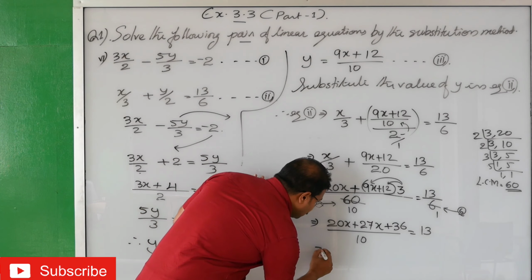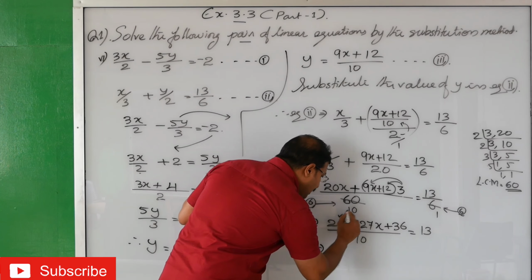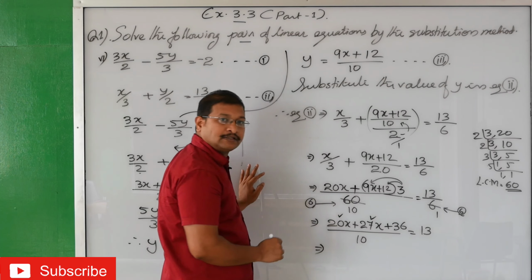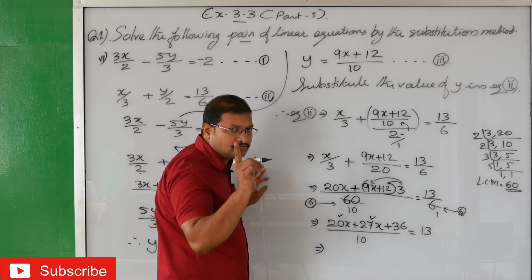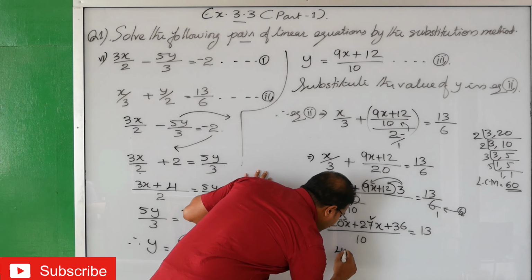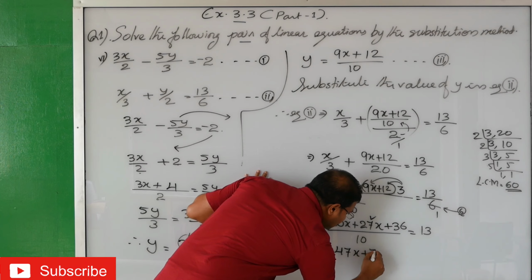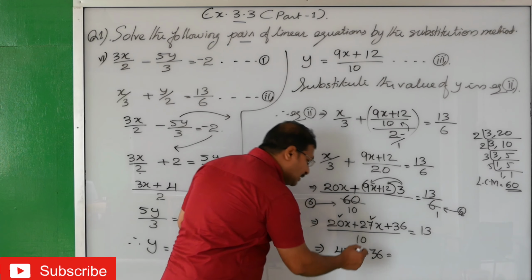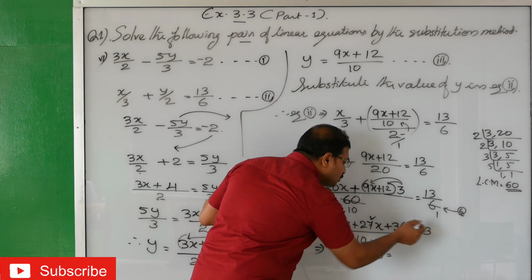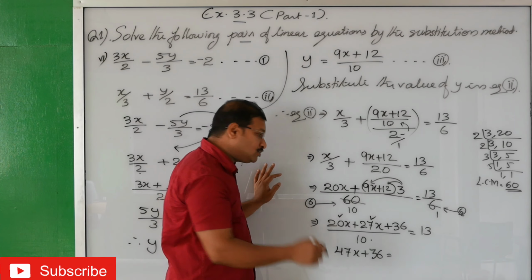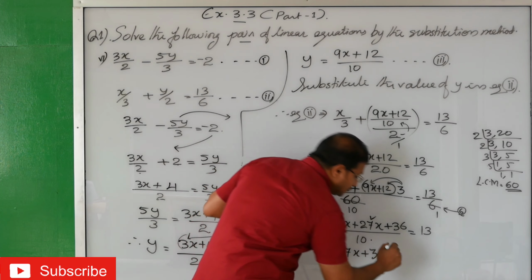Okay. This implies 20x plus 27x, 20 plus 27, 47. So 47x plus 36 equals, this 10 is dividing, if it goes to the next side, it will multiply, isn't it? So 13 tens are 130.